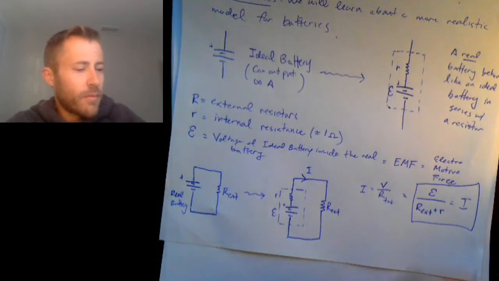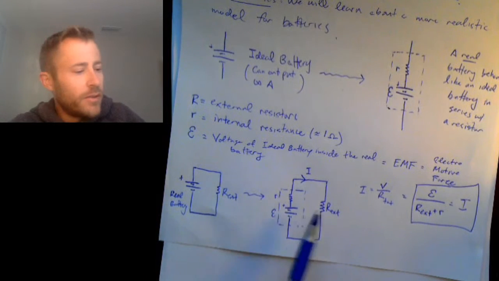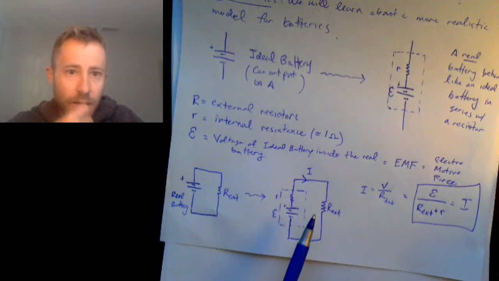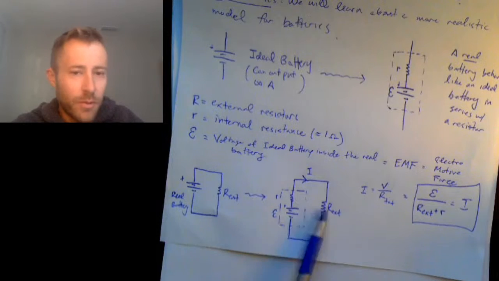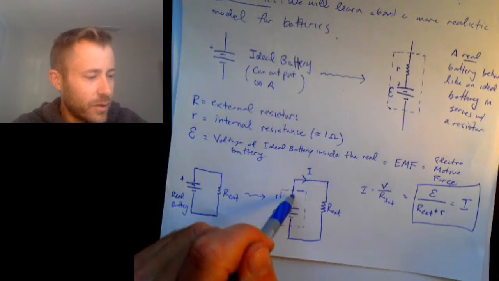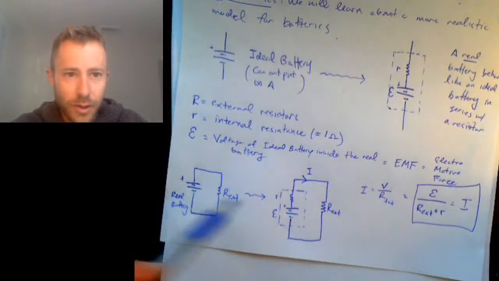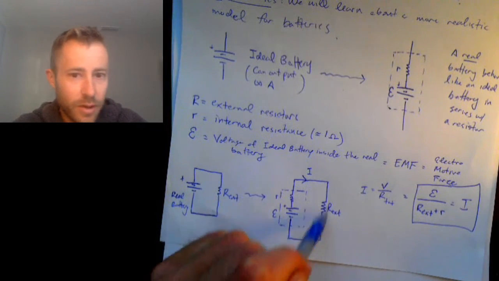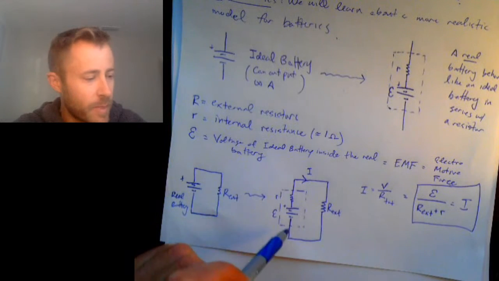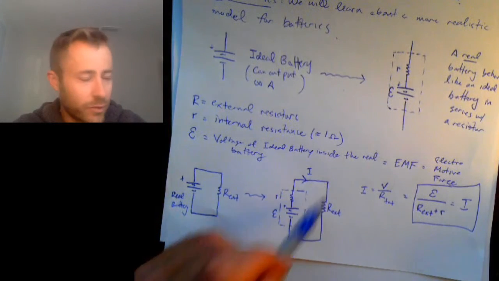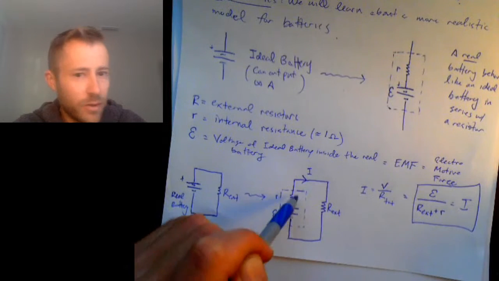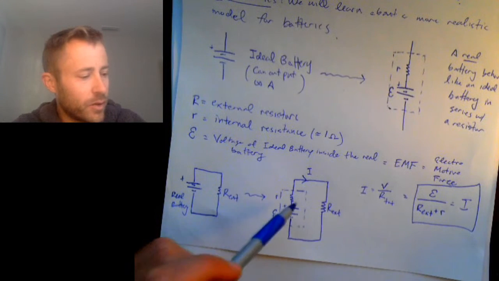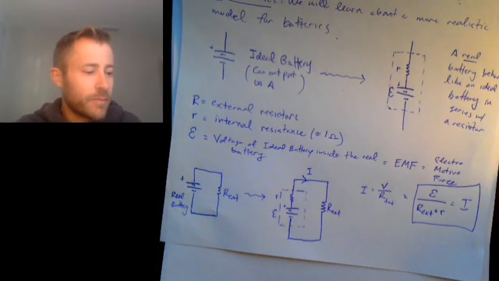And please keep in mind that these two resistors are not in parallel. Even though they're both pointing in the same direction, remember I said in the last lesson that things are in parallel if you can do a loop around the circuit with only those two things. This circuit only has one loop, and no matter what, the battery is in that loop. So these two are in series.